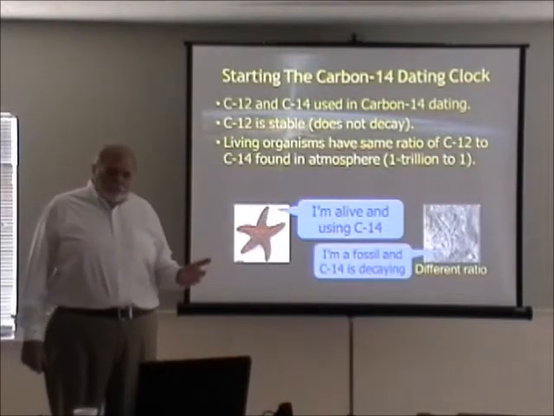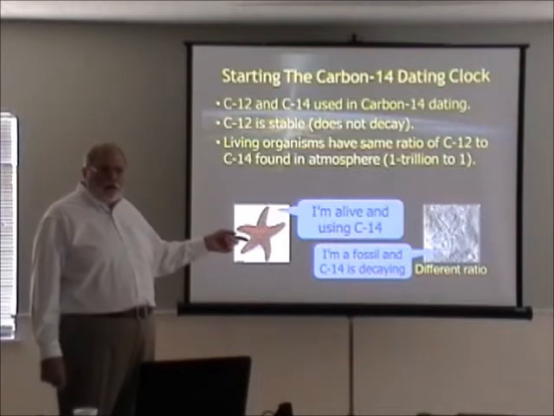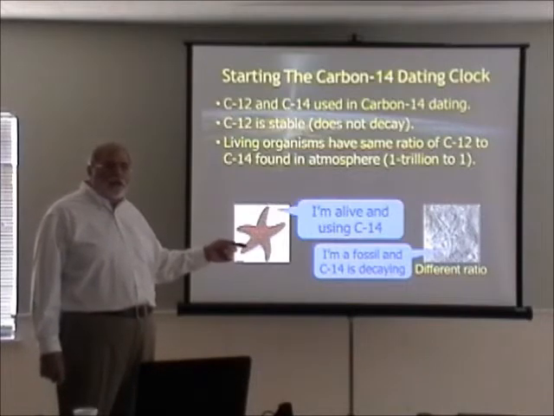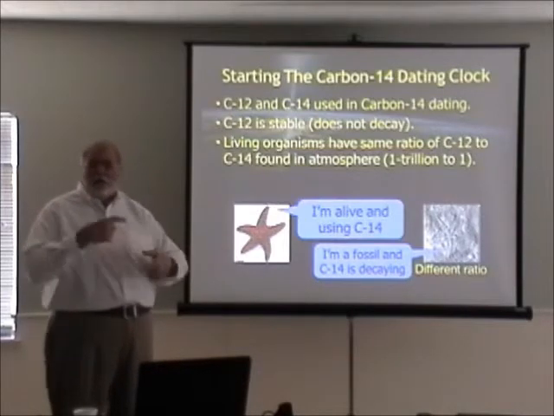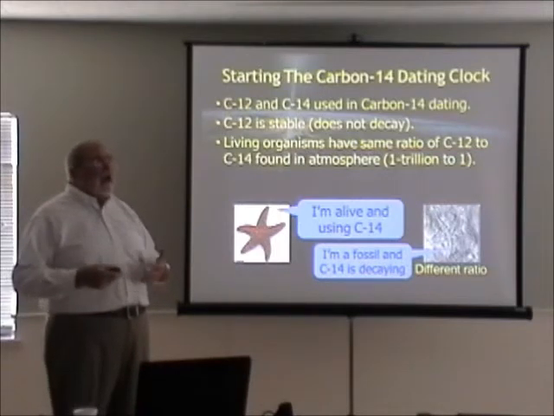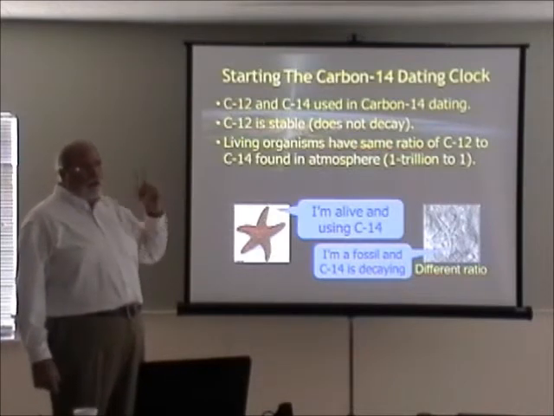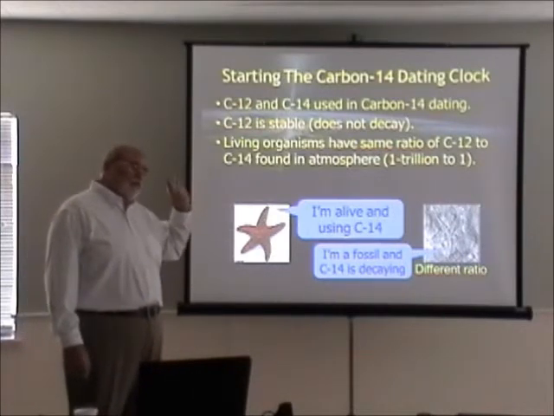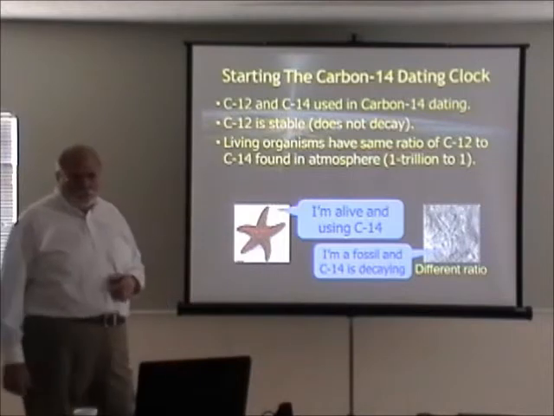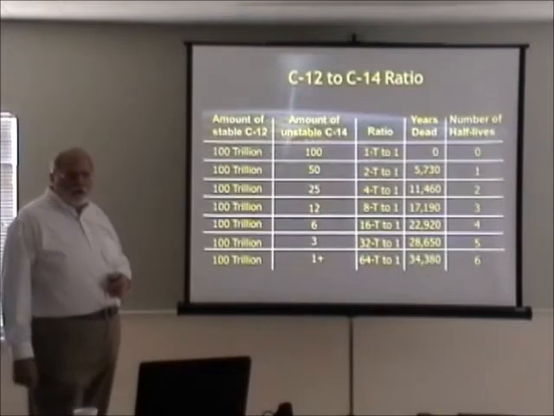And when they croak, it becomes a fossil, and as soon as it dies, what starts? The carbon is no longer being refreshed, so what's there starts to decay, and the C14 starts to transform into C12. And you get a different ratio, right?